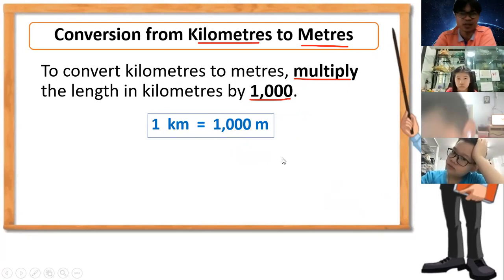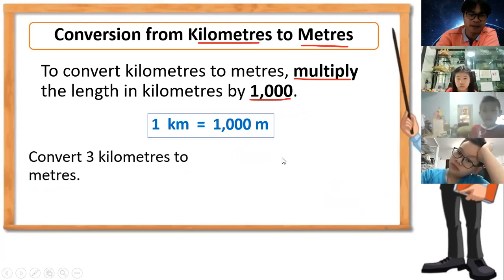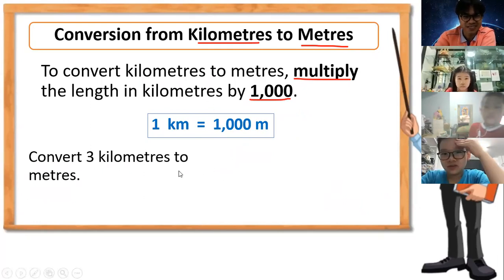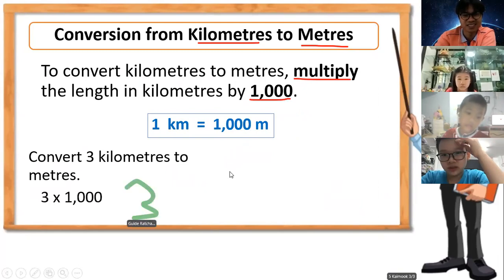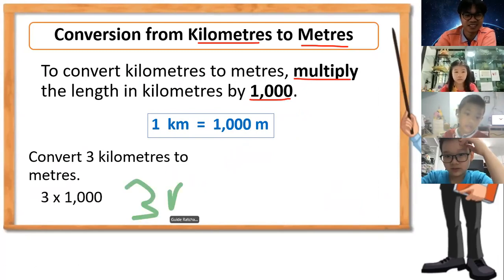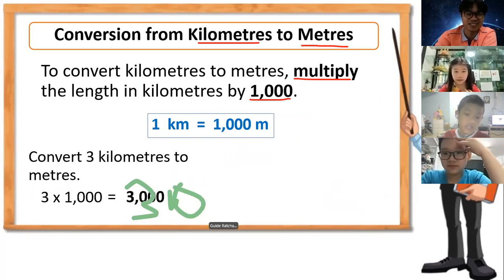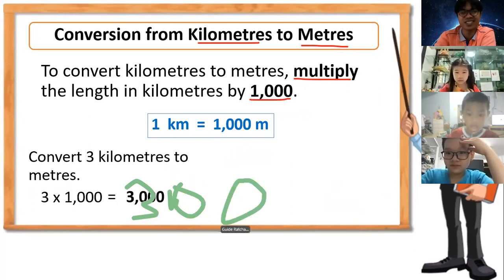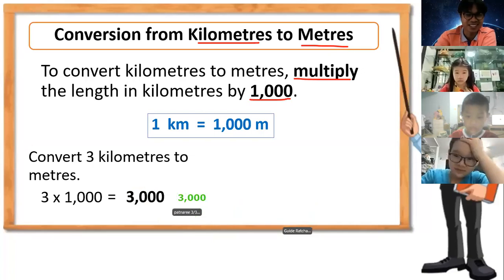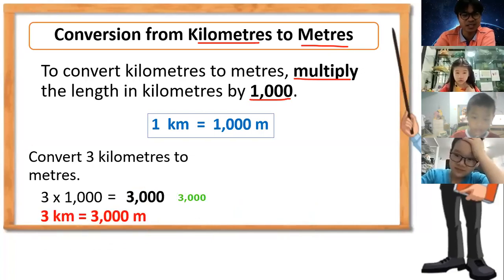Example, convert 3 kilometers to meters. 3 times 1,000, so the answer is 3,000 meters.